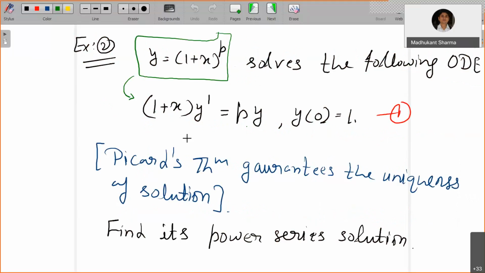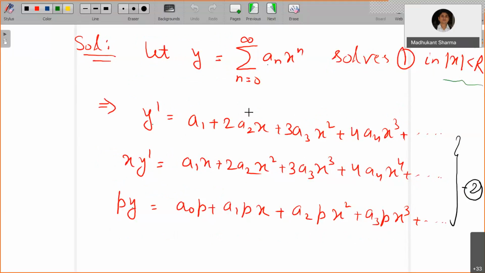So y dash plus x times y dash equals p y, which means you sum up y dash and this, and equate to p times y.